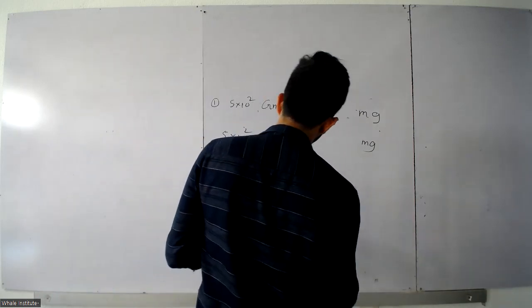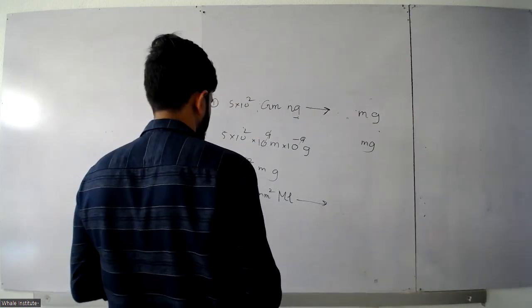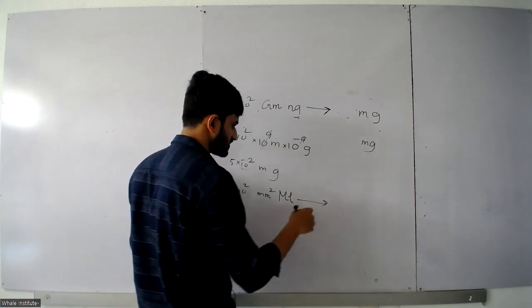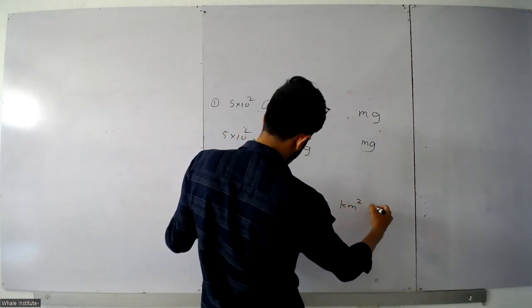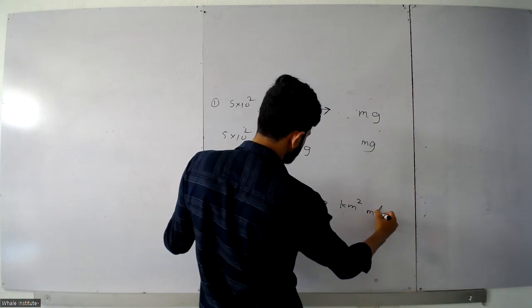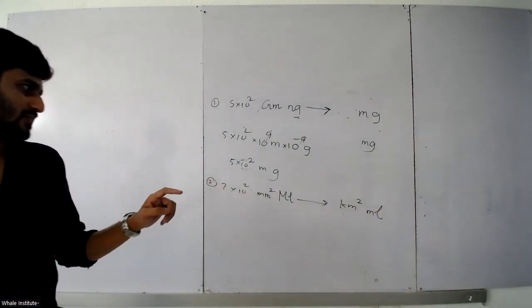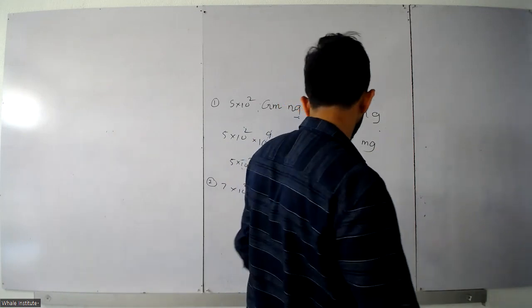So I want to have the final units in square kilometers and milliliters. So megaliters here, milliliters this part.